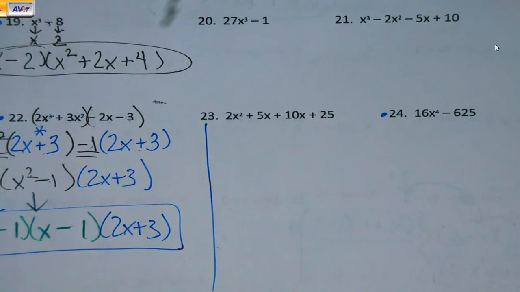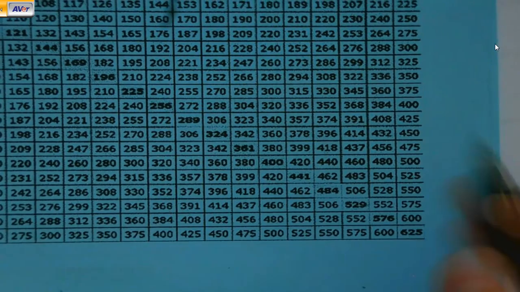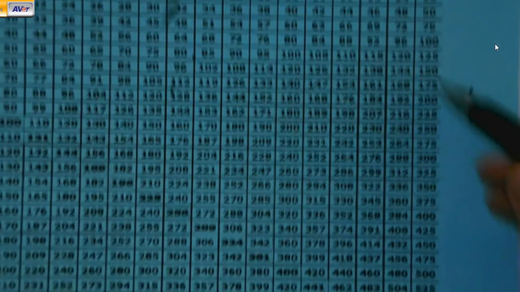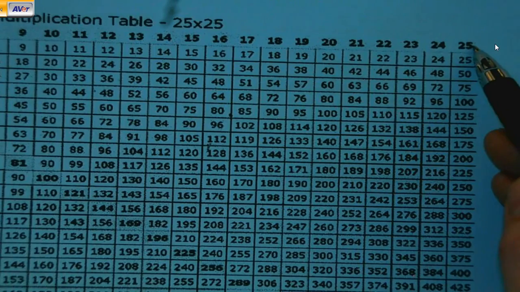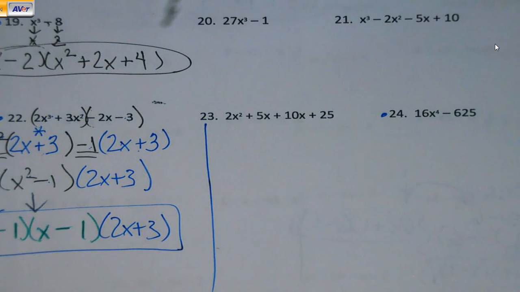So maybe what I'll do here for a second, since 625 is a big number, I'll grab my chart here. So, ooh, there's 625. Okay, let's see what's going on here. 625, follow it up. 25 at the top, okay. Move it over. 25 here. Oh, wait a minute. Is 625 a perfect square?